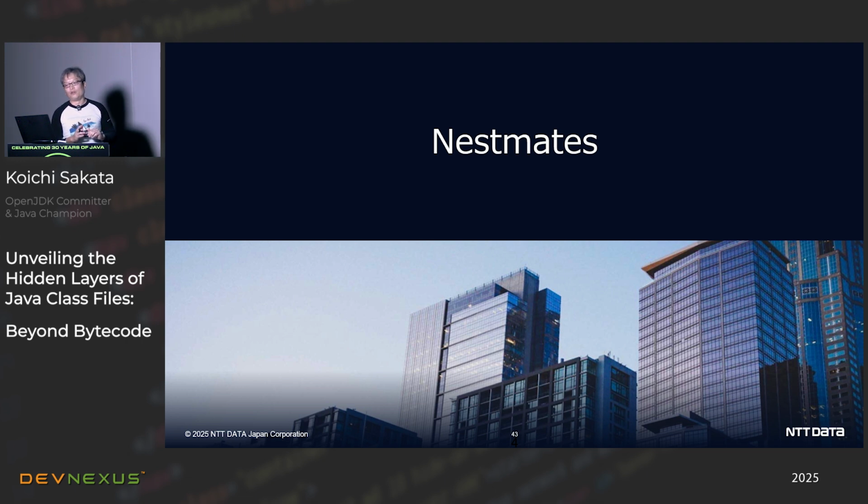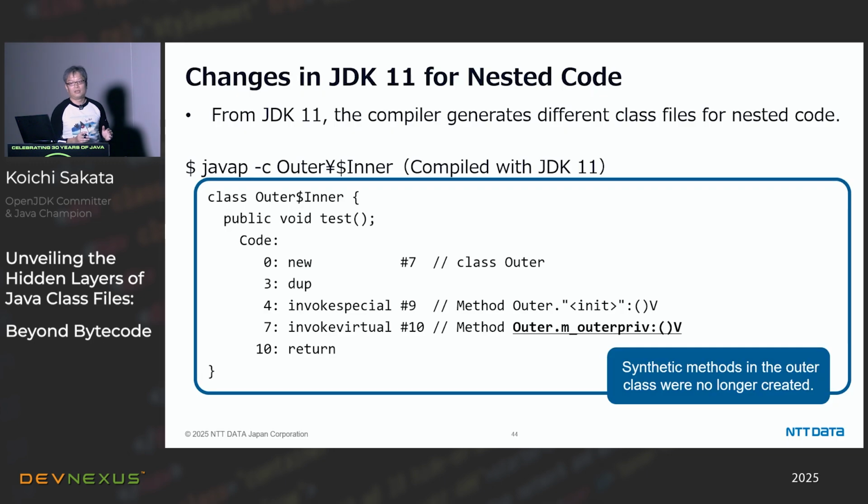So let's move on to the next topic, nestmates. From JDK 11, the compiler generates a different class file from this code. When you compile and disassemble the same code with JDK 11, the inner class can directly call the private methods of the outer class.